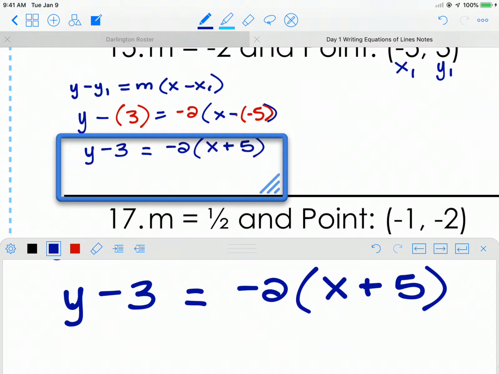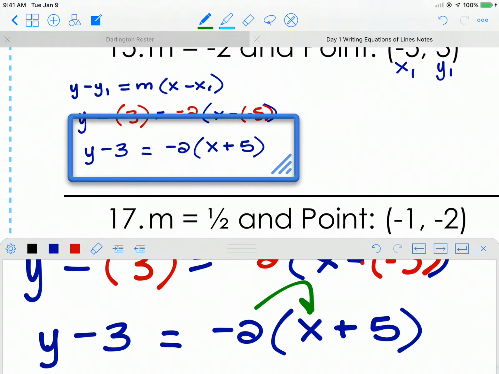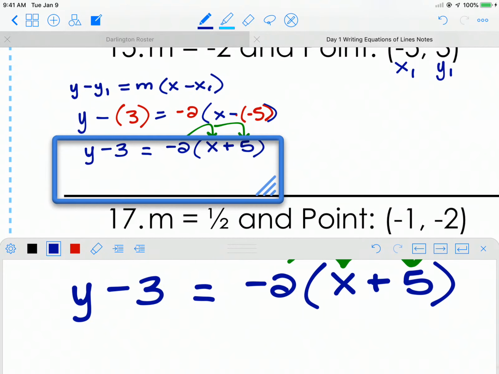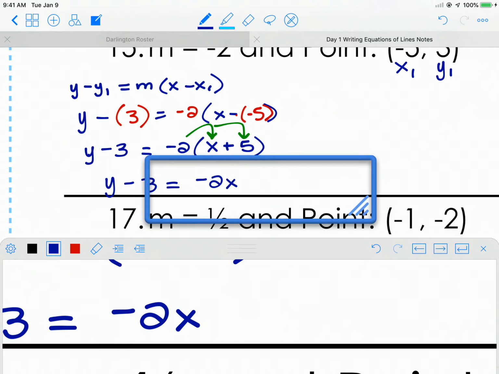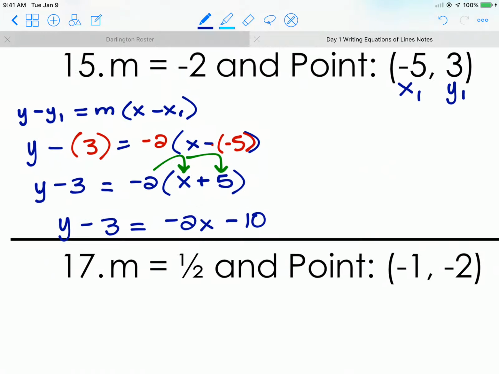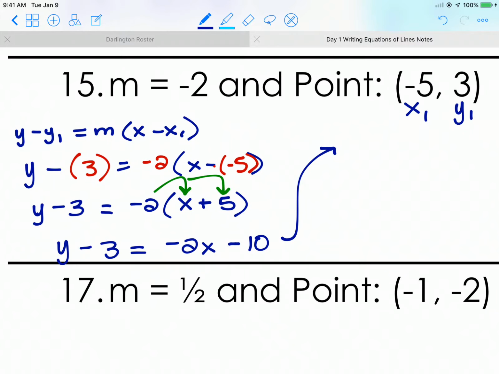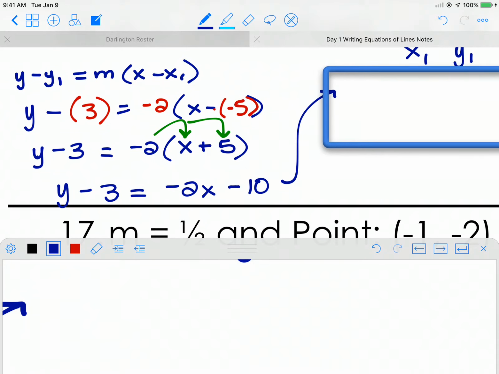So I'm going to distribute my negative 2 into both values, because I'm going to follow my order of operations. So y minus 3 equals negative 2x minus 10, because a negative 2 times a positive 5 gives us a negative. Okay, we're going to carry that up there again.